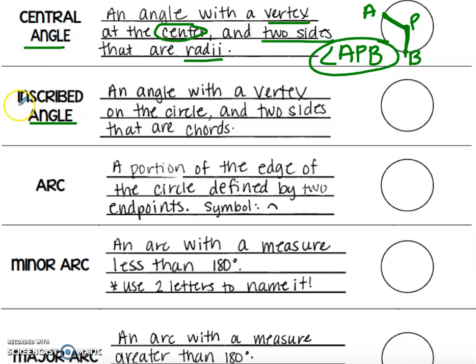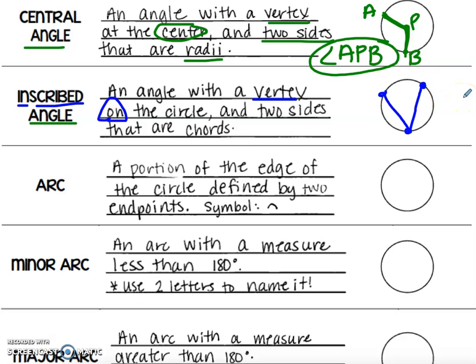An inscribed angle, in means inside, scribed means written, so we're going to write an angle on the inside. And so the vertex is going to be on the circle. So instead of the vertex being at the center, it's going to be on it. So for example, this would be an inscribed angle. You have a chord from here to here, you have a chord from here to here, and then you have your vertex on the circle.